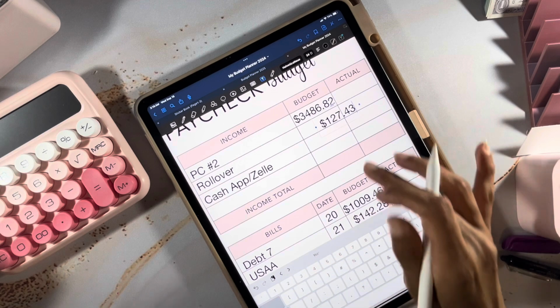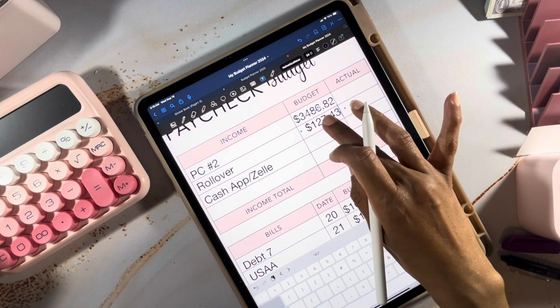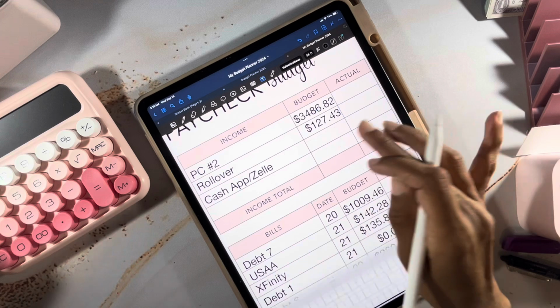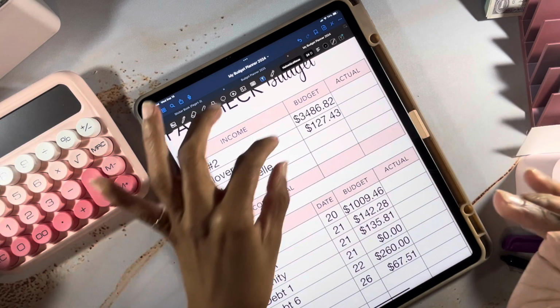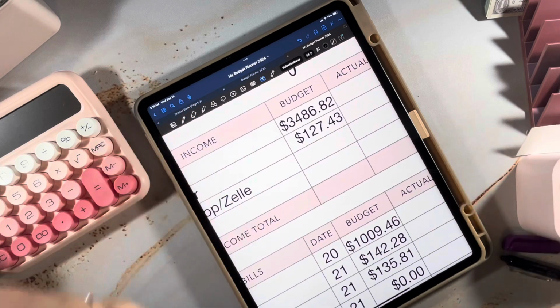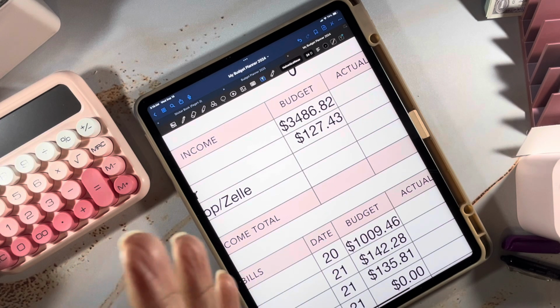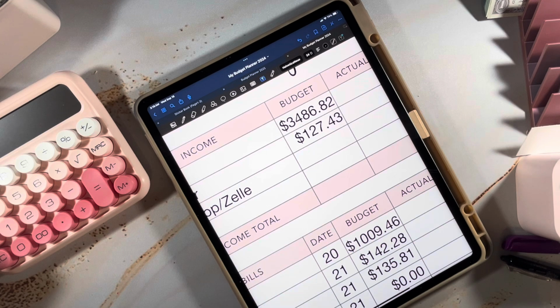$127.43. And I was trying to figure out how did I end up with this amount of money. And I was like, okay, did I not pay something or what happened here? But I think what happened was I have lawn service every other week, which is $30, and it rained one week, so he didn't come that week, and so he came the next week.